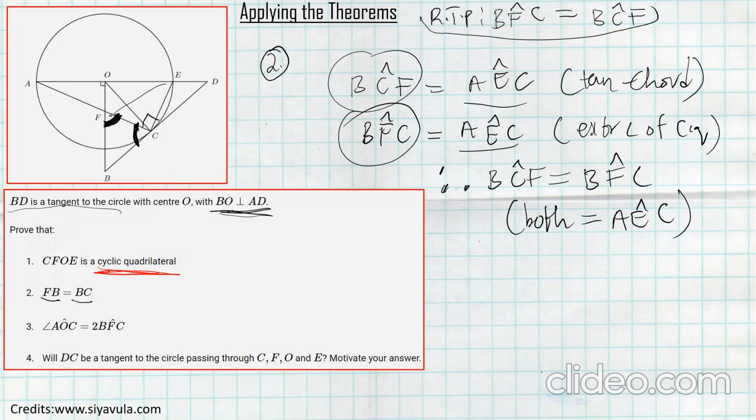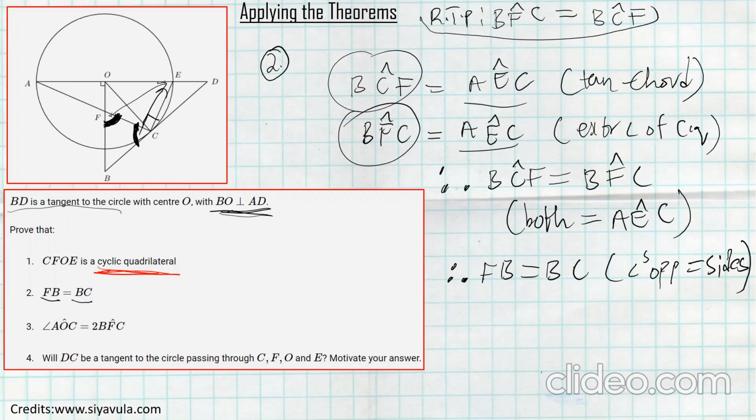So if these base angles are equal, we can deduce that therefore FB is equal to BC, by sides opposite equal angles.